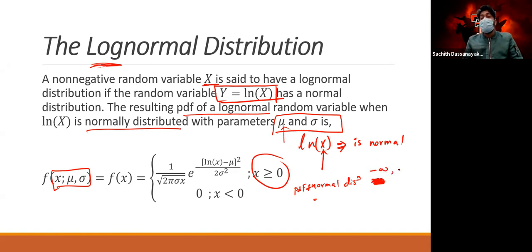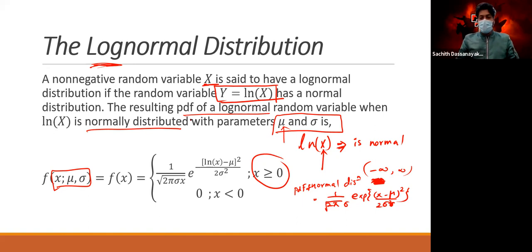Negative infinity to positive infinity. What was that? 1 over the square root of 2 pi sigma, e to the power, exp, minus x minus mu squared divided by 2 times sigma squared. So this is the normal distribution.